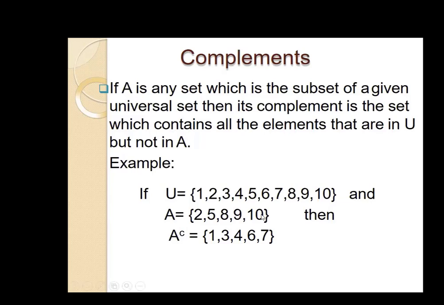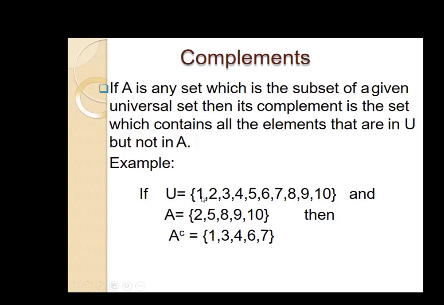How many members are there? 1, 2, 3, 4, 5 members of A, and 10 elements are present in set U. So we are going to subtract. According to the definition, A complement will contain the elements which are present in U but not present in A. It is a kind of subtraction: we will not write the common elements, we will remove them from U.